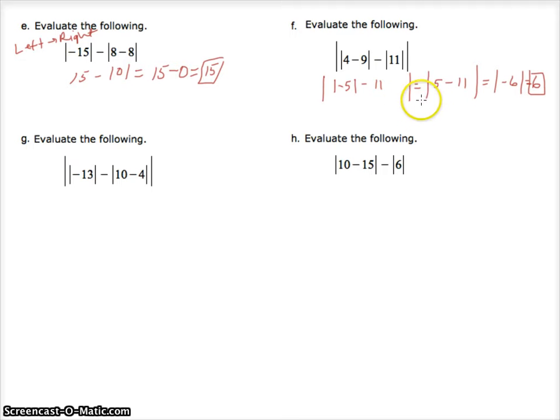So we're doing a lot of absolute value of absolute values. But if you just break it down chunk by chunk as we go, it's really not as complicated a process. Let's look at one more of these big guys. Letter G says find the absolute value of all the stuff inside. So first let's draw our big absolute value bar so that we can work in. It says find the absolute value of negative 13. The absolute value of negative 13 is 13, minus the absolute value of 10 minus 4, which is 6.